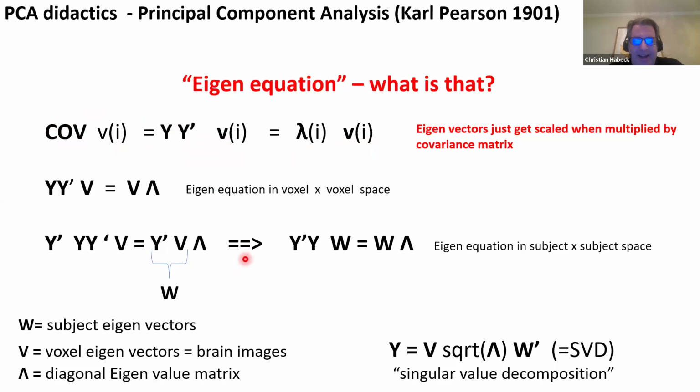And what's really nice, and I think sometimes people don't appreciate it, is that you can do this in both spaces, both in the voxel space, but also in the subject space. And that's a very nice property. That means even if you have, imagine you have genetics data that are millions of SNPs, but you have 1,000 subjects, you can easily do this PCA decomposition in the subject by subject space and get the corresponding SNP loadings by projecting back.